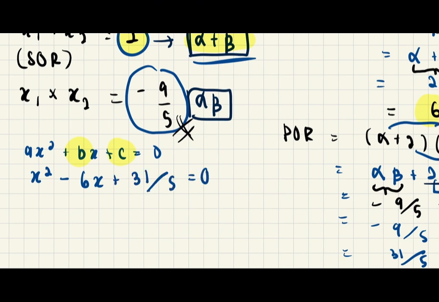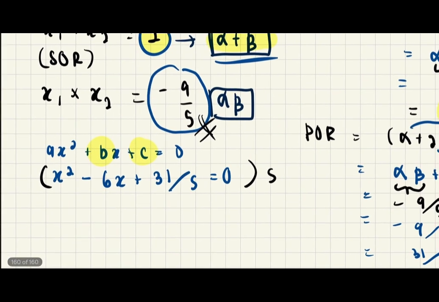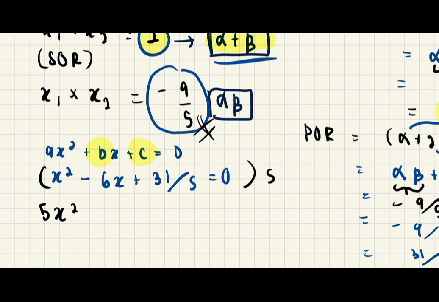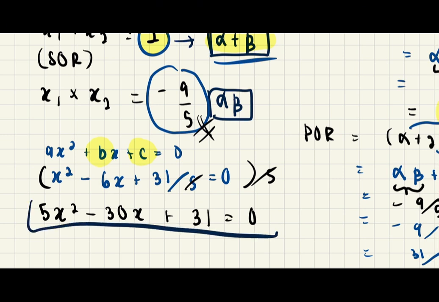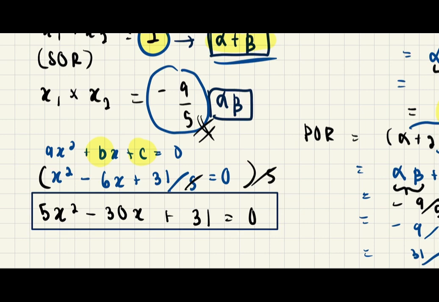Now, as I said, we cannot have any fractions in our quadratics. So we multiply this by 5. So here you can cross out. First, you get 5x squared. Negative 6x times 5, you get negative 30x. Plus this one you cross out, 31 equals 0. So now you've already formed your quadratic equation.